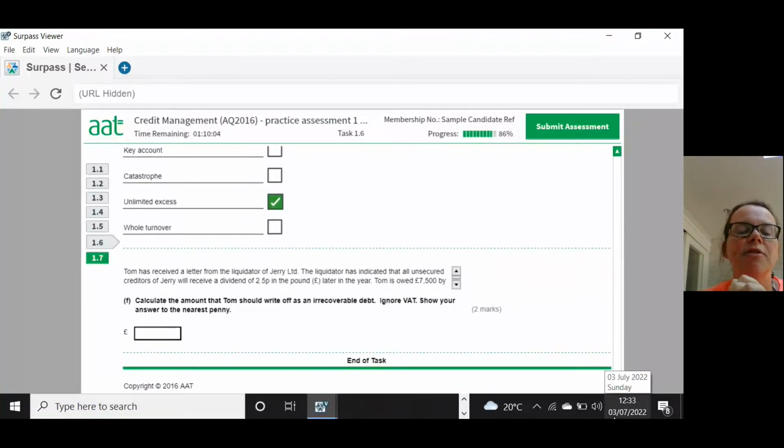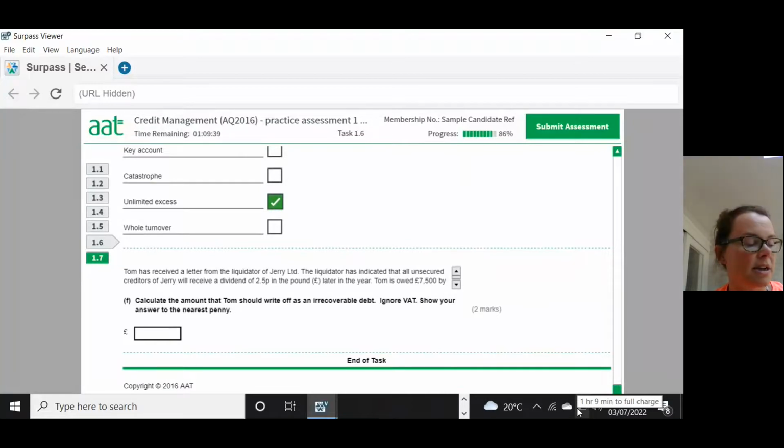Tom has received a letter from the liquidator of Jerry. The liquidator has indicated that all unsecured creditors of Jerry will receive a dividend of 2.5p in the pound later in the year. Tom is owed 7,500. Calculate the amount that Tom should write off as an irrecoverable debt.